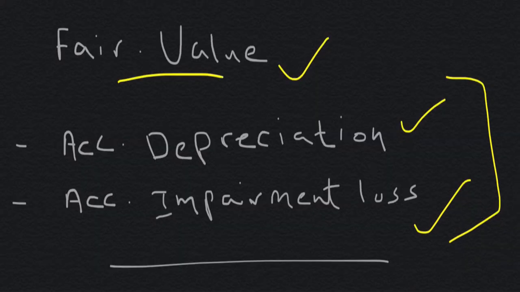In this case, depreciation will be calculated again as per the newly assessed fair value of an asset. And the last one is impairment loss, which, like we talked about, is the sudden fall in the value of an asset.